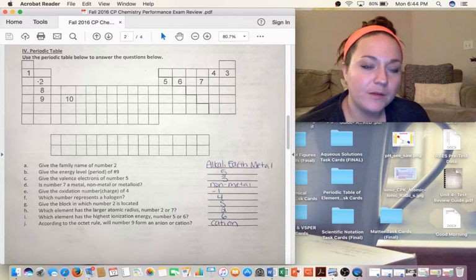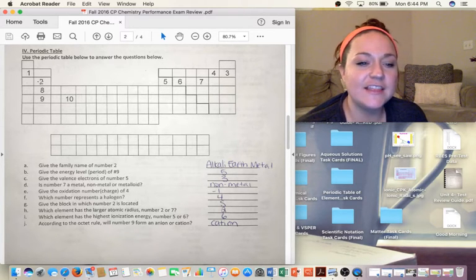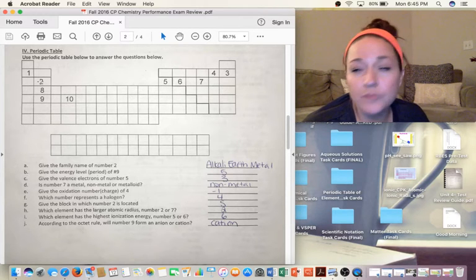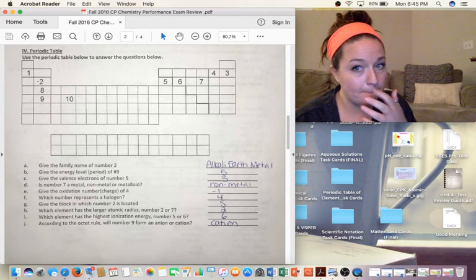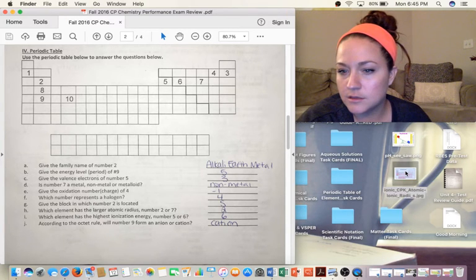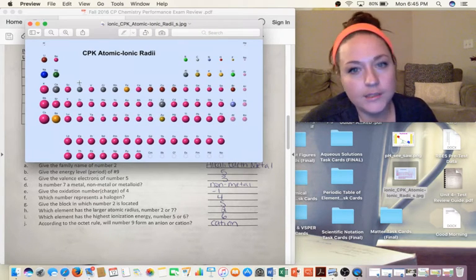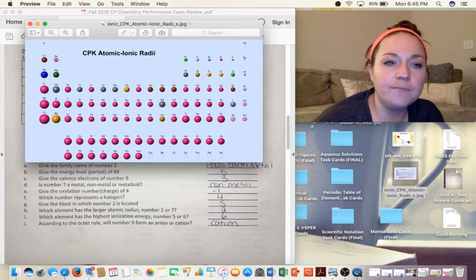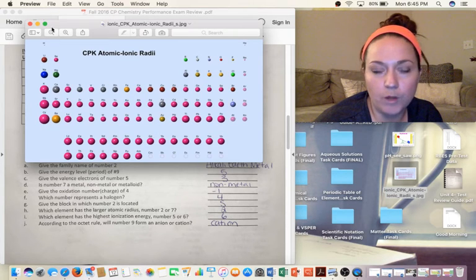All right. Which element has the largest atomic radius? That's compared to numbers 2 or 7. So remember that atomic radii are larger on the smaller groups, like group 1 and group 2.